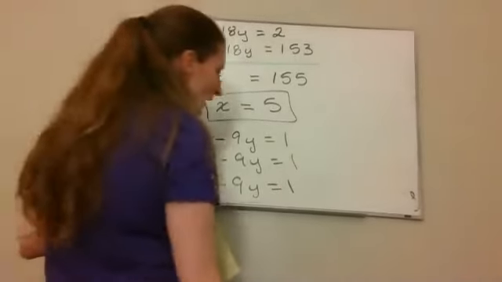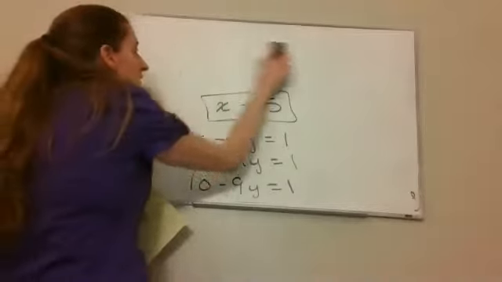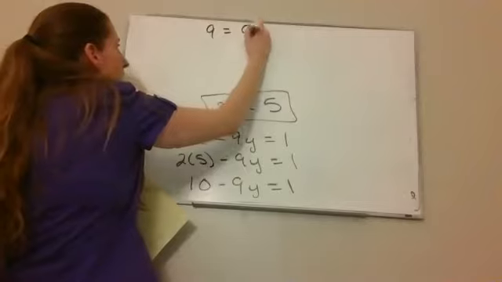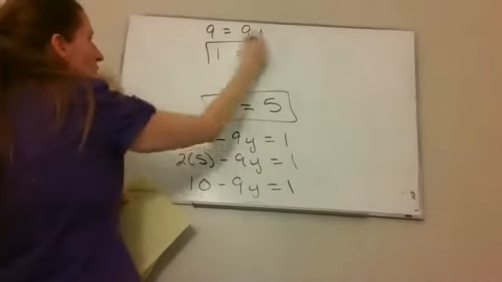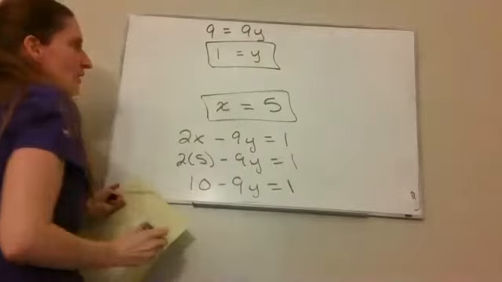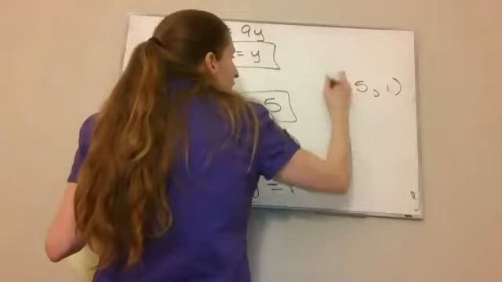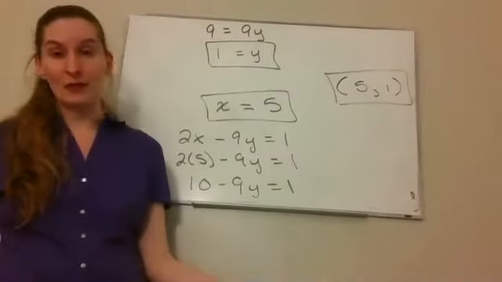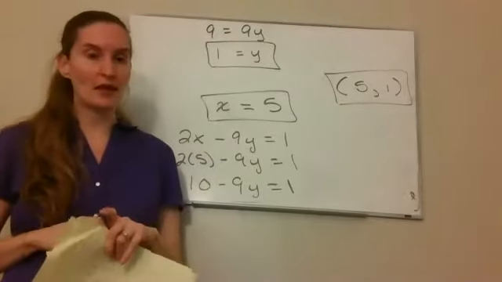And I'm going to do that all in one step. So I'll end up with 9 equals 9y. And when I divide by 9, I get y equals 1. So my solution is the point 5, 1. And there's our first example all the way through of the elimination or addition method.